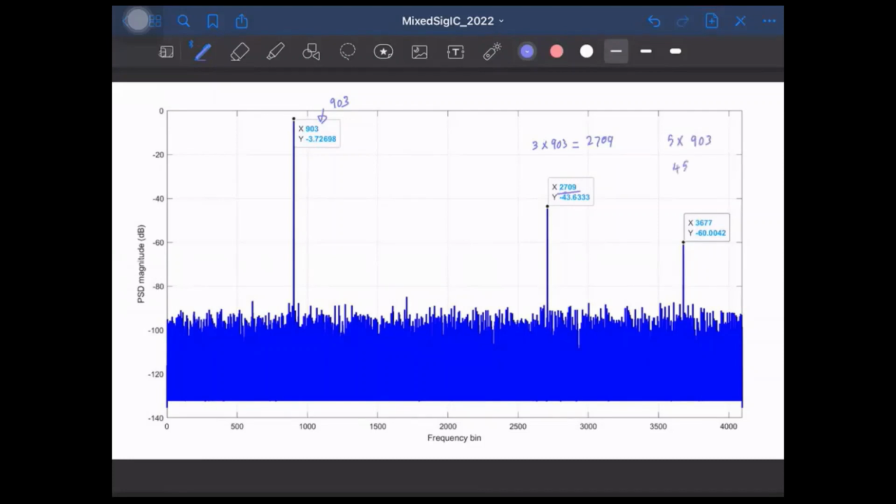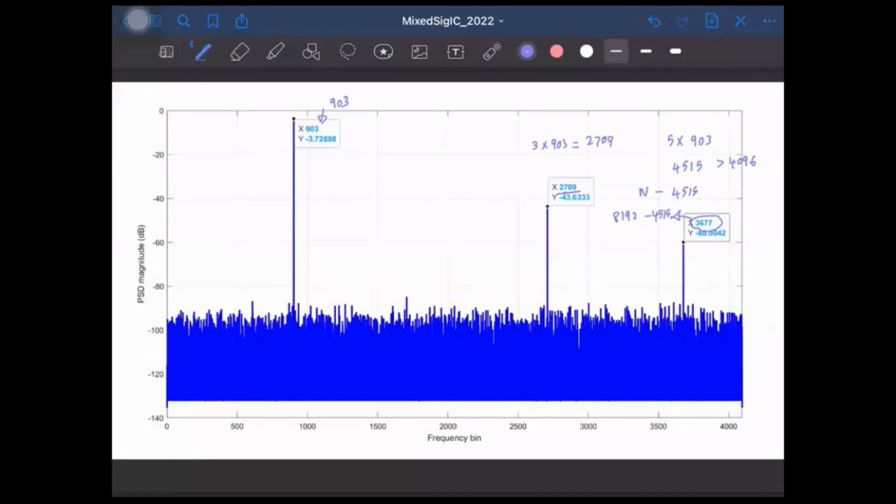That is 4515, right? And this is obviously greater than 4096. Okay. So what will happen? It will alias back to N minus 4515. That is, N is 8192 here, minus 4515. That is this value. Okay.